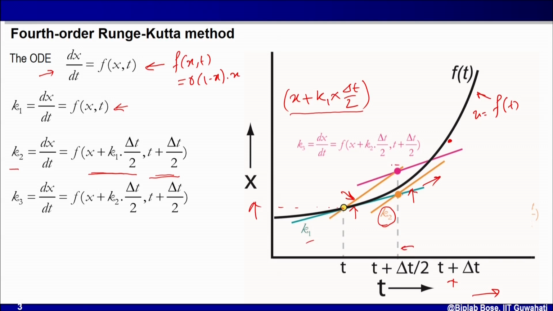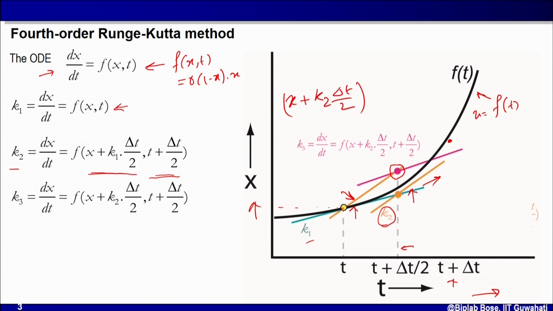So I get a pink dot here. This is the point of intersection. What will be the value of x there? The value of x at that pink point will be x plus k2 into delta t by 2.